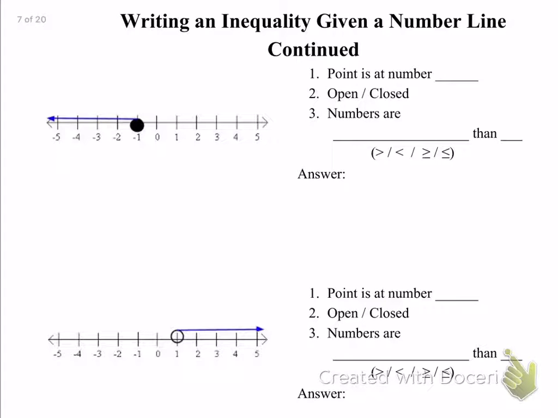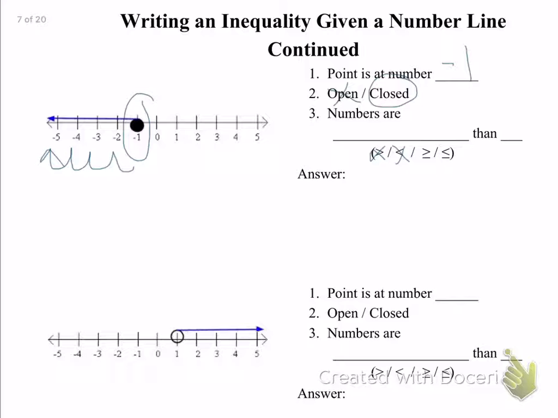I think we've got 3 more. If we look at this number line, our point is at -1, and it is a closed circle, not open, so you can get rid of those two inequality symbols. If you're at -1, then it goes to -2, -3, -4, -5.